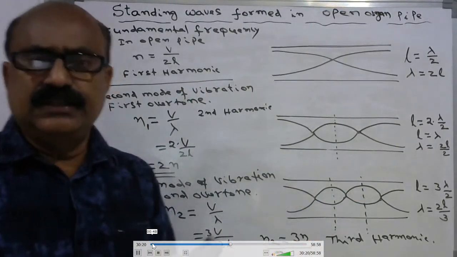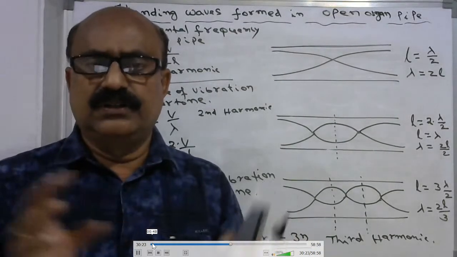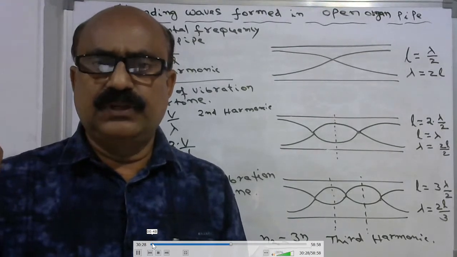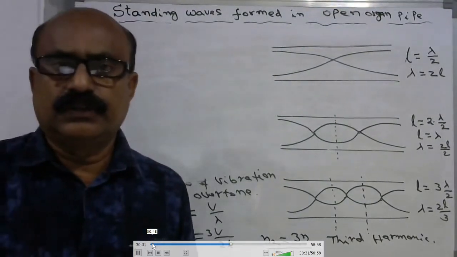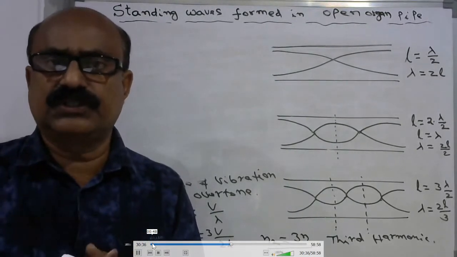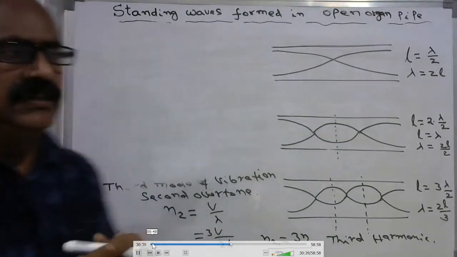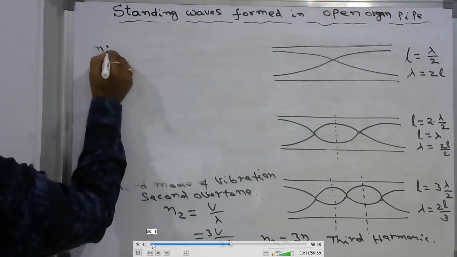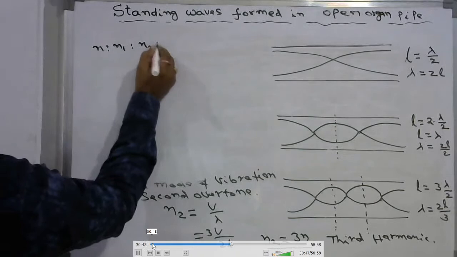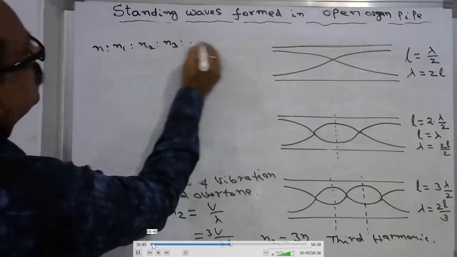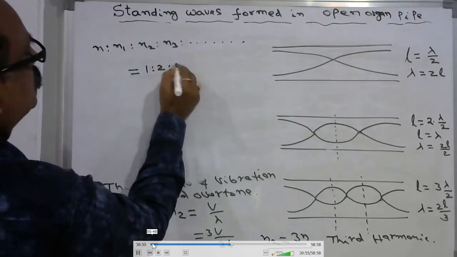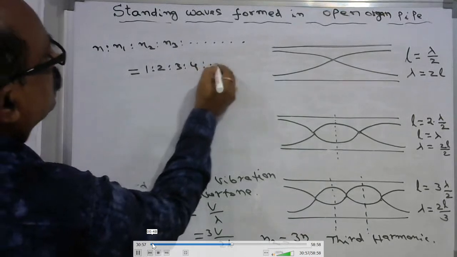Now let us see the difference among stretched strings, open pipe and closed pipe. The ratio of the fundamental frequency to the immediate overtones in the case of the open organ pipe: n is to n1 is to n2 is to n3 and so on is equal to 1 is to 2 is to 3 is to 4 and so on.